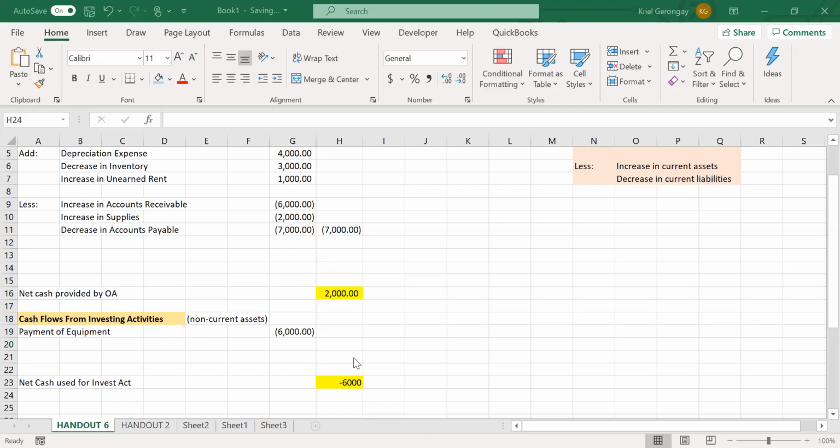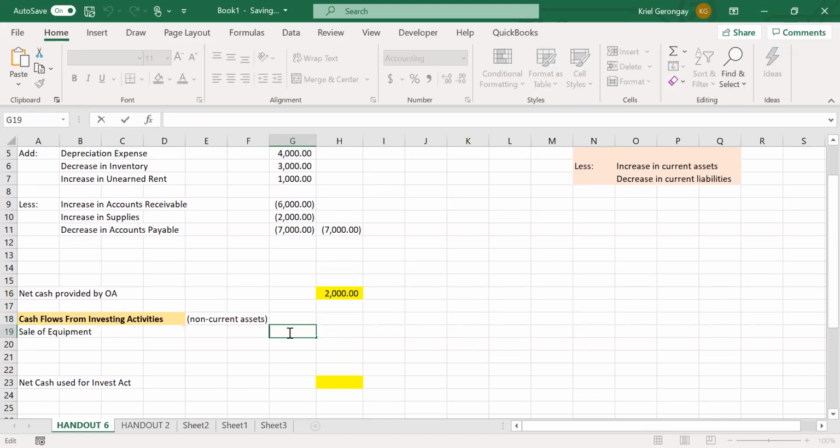And do we put that in investing? Yes, you also put that in investing. Let's say the equipment amount went down by 6,000, then we would have a sale of equipment of 6,000. That's how you'd record it.